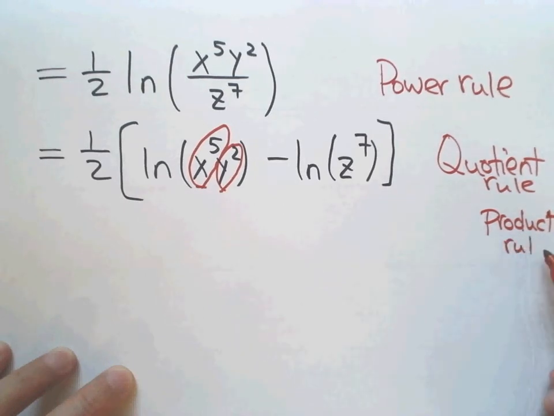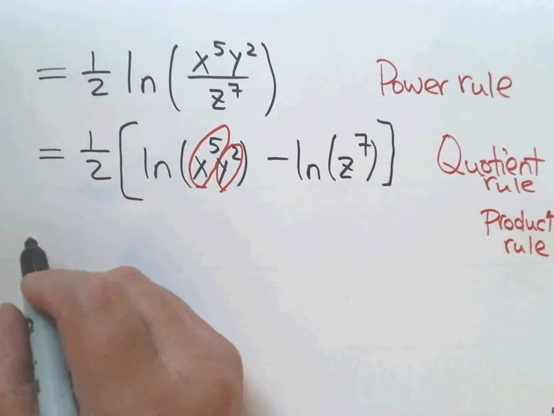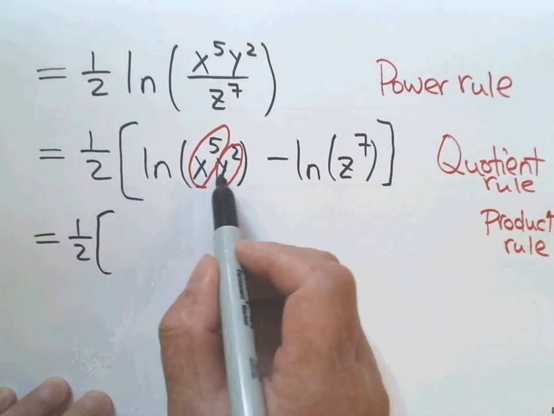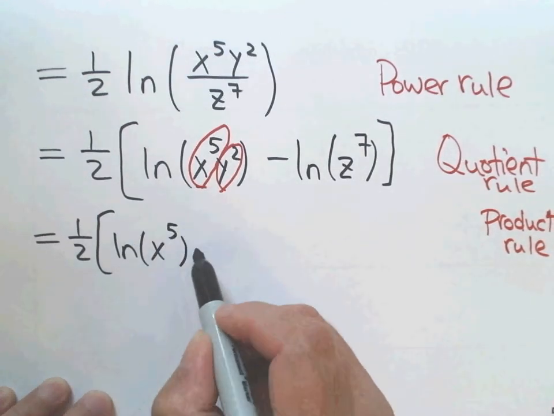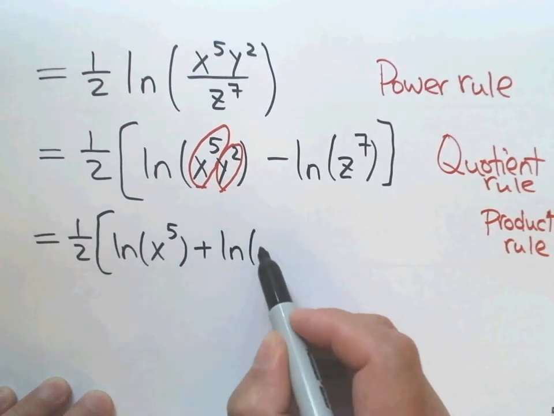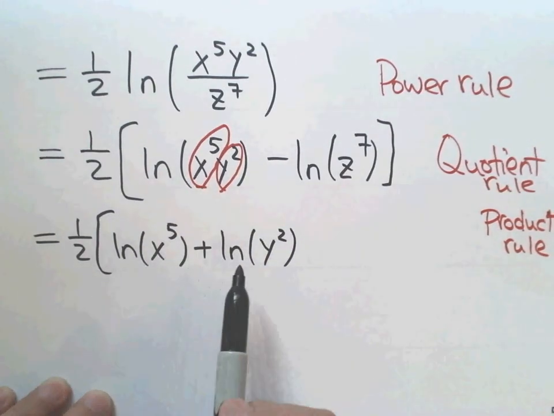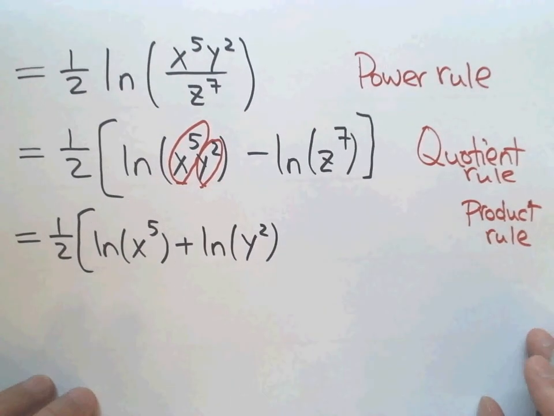We use the product rule. What do we get? We will get a little bit longer. We get a 1/2. Product goes to addition. The first is x to the 5th, the second is y squared, right? Product goes to addition. That's the product rule.